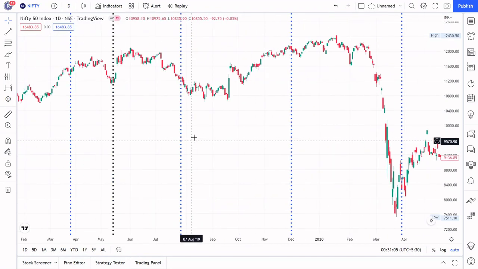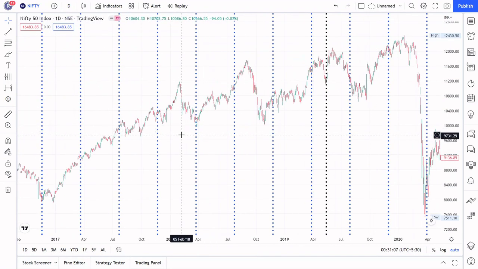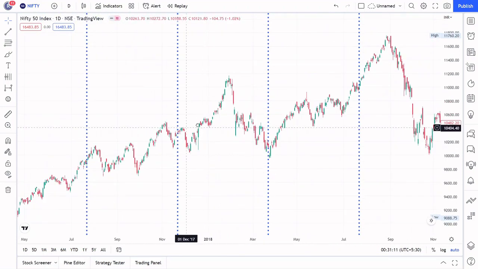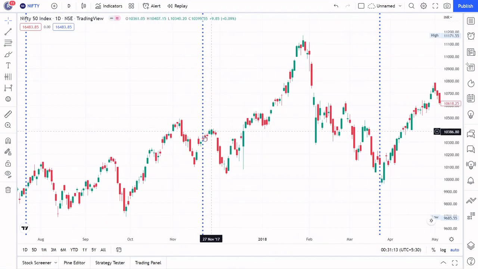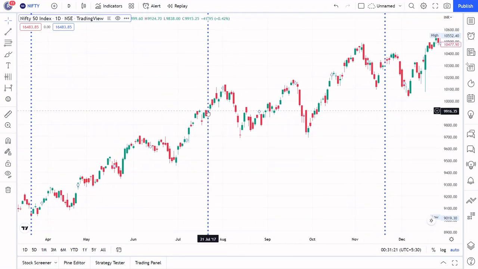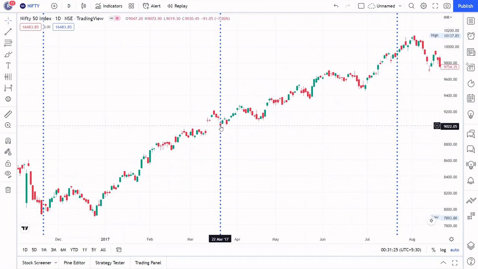Let's see something else. I'm just randomly opening any day. Let's see over here. From here, it went a little high and then came down. From here again, it went up, came down. From here, it just went up. This day's high and low was not even touched.